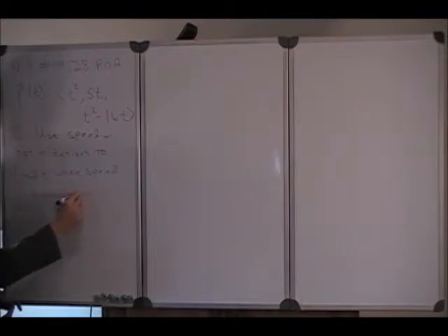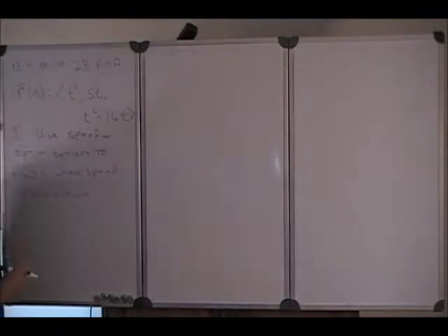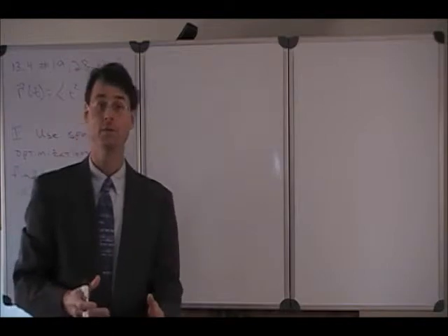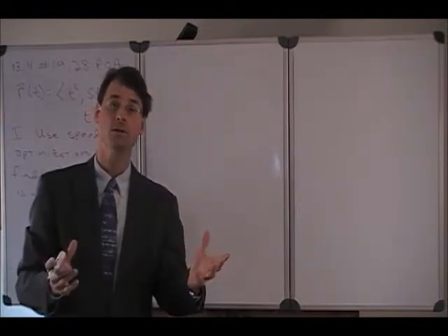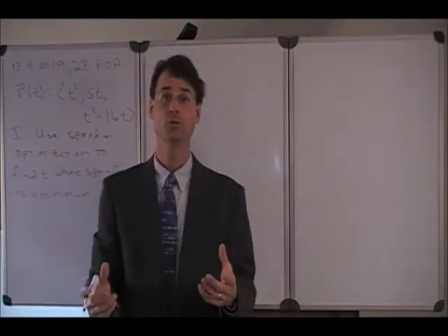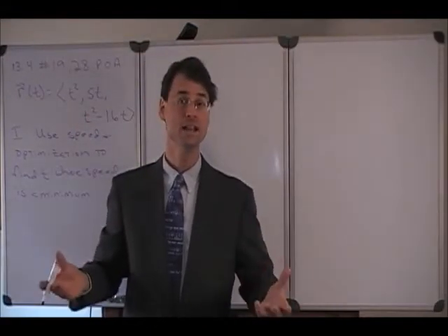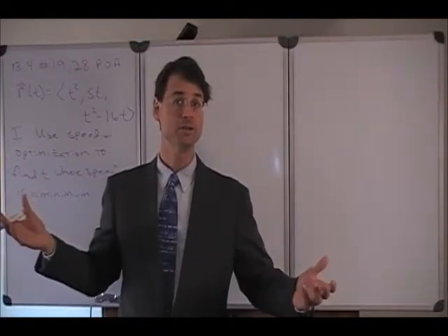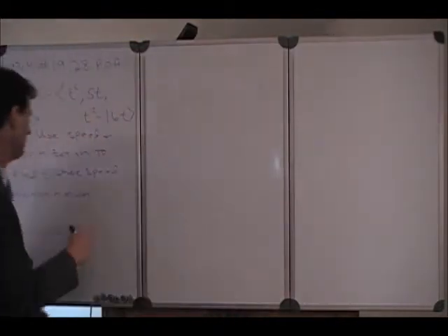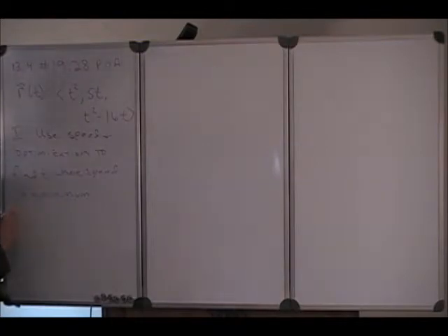And let's double check that it wanted to know when the speed was a minimum and not where the speed is a minimum. And yes, it does. If we wanted to know where the speed was a minimum, at what point in that trajectory, we'd find the value t, then we plug the value t back in and find out the position in space at that moment. But we're only asked when.